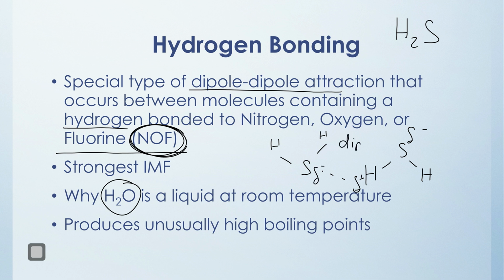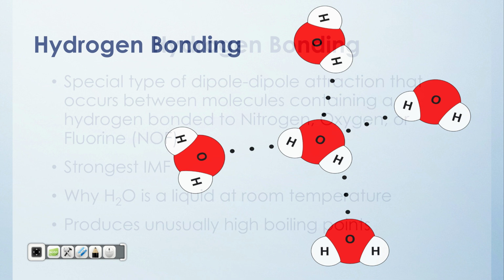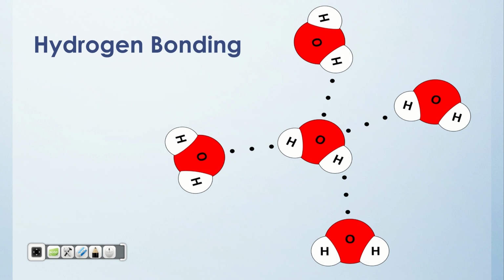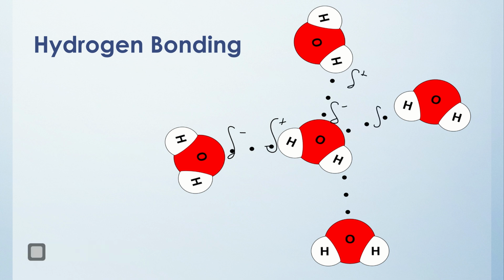This would be considered a dipole-dipole interaction. So you got to be careful. Hydrogen bonding is not just when hydrogen is in the element. It's when hydrogen is bonded specifically with NOF, N-O-F. And you got examples here. So that's what I'm trying to show. You can draw in the partial negative, partial positive, partial negative, partial positive, etc., and so on and so on.